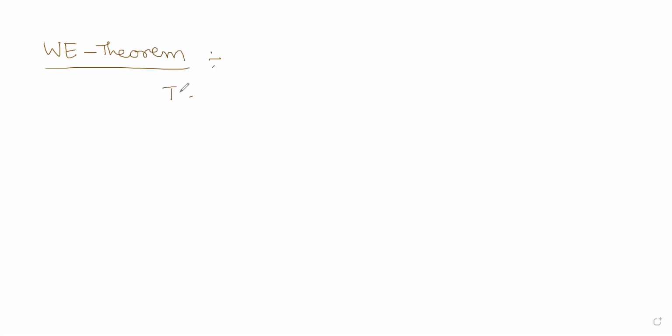The total work done is change in the kinetic energy. That is KE final minus kinetic energy initial. This is what it says. Total work done is equal to change in the kinetic energy.